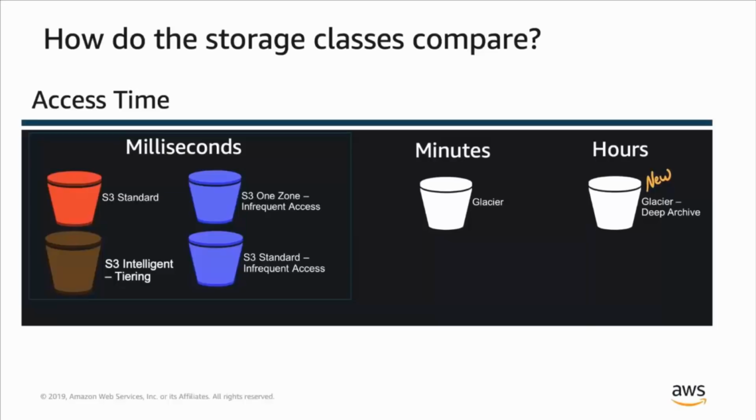Glacier can give you access in minutes to low single-digit hours and 12 hours at the longest. However, Glacier Deep Archive sits behind Glacier in that it could take you anywhere from 12 to 48 hours to have access to those bytes back, which is an important part of the value proposition to consider.